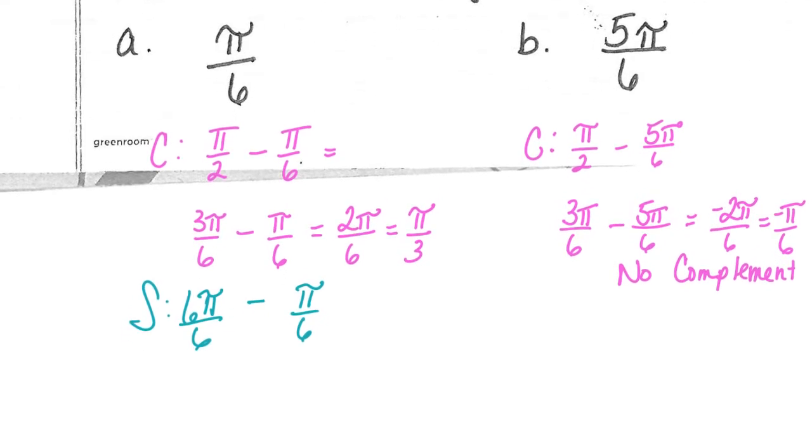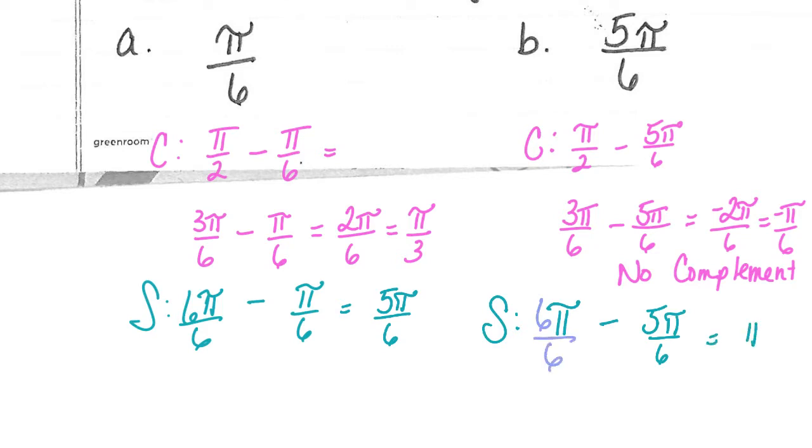So I know the supplement, 6 over 6 pi minus pi over 6, will be 5 pi over 6. On the other hand, the supplement here, we're taking 1 pi and we're subtracting 5 pi over 6. Well, again, this was 6 pi over 6, and we just get pi over 6.